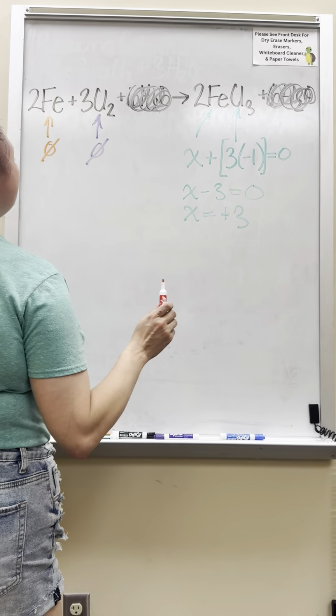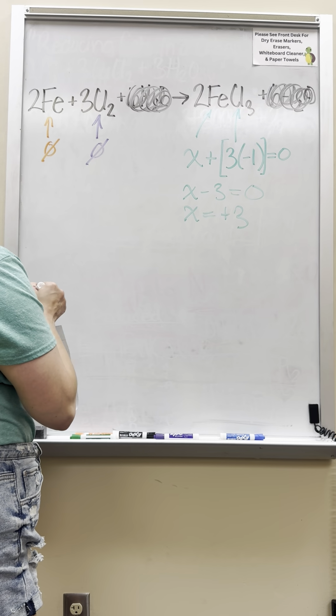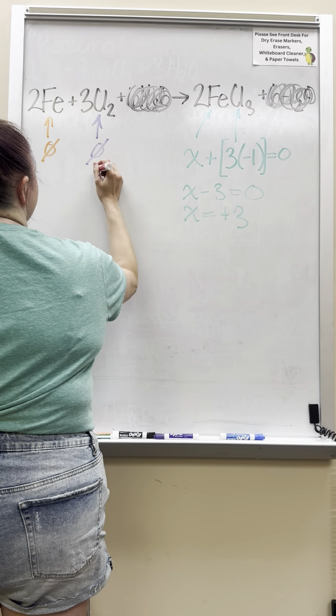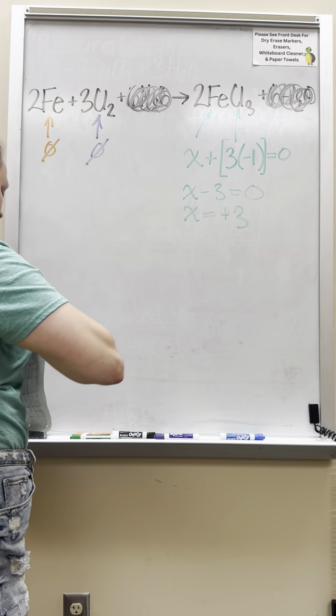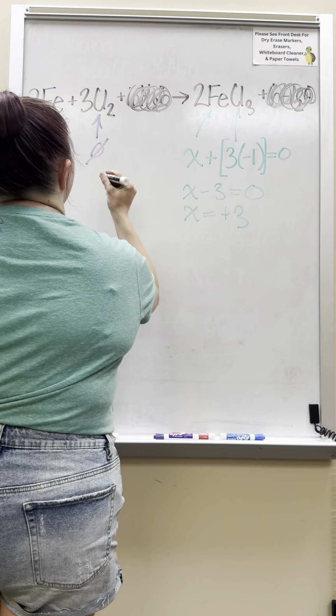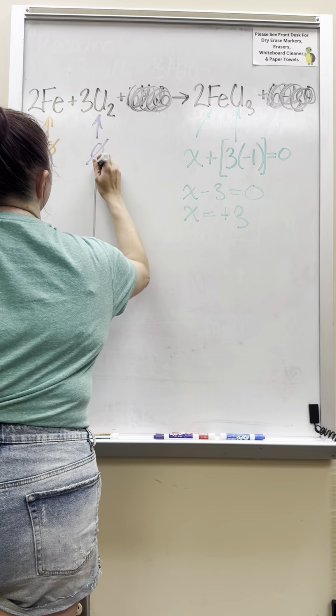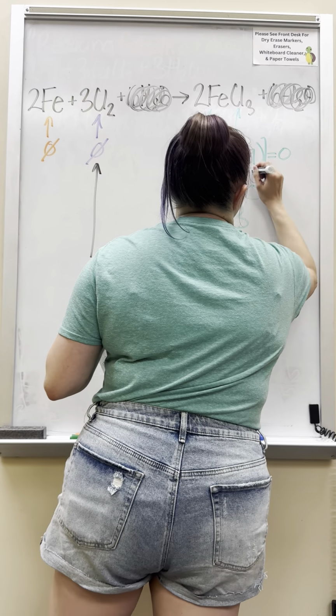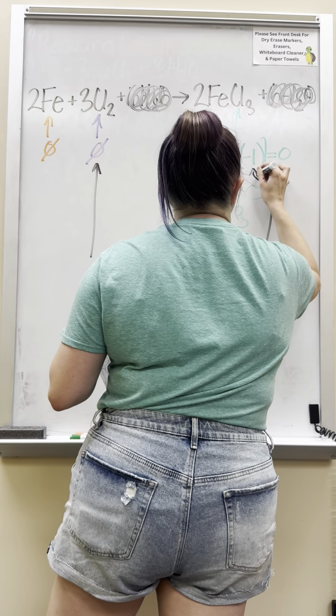What is being reduced is going to be your chlorine, right? Because you're going from a 0 to this -1.